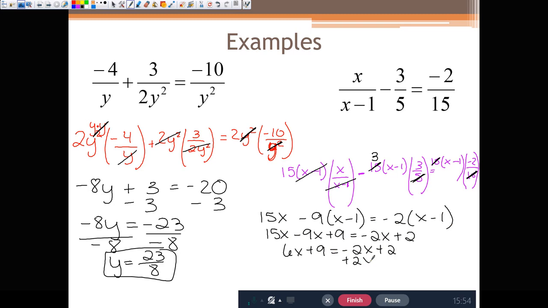Add 2x to both sides, and I get 8x plus 9 equals 2. Subtract 9, and I get 8x equals negative 7. Divide by 8, x equals negative 7 over 8.